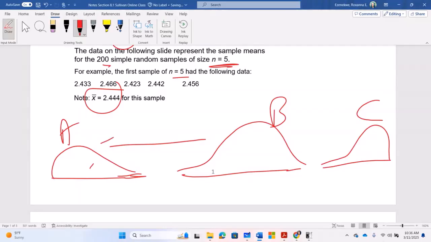So let's say that after getting those small samples, I made a density curve or drew a histogram. When I draw that histogram, the histogram will be bell-shaped.